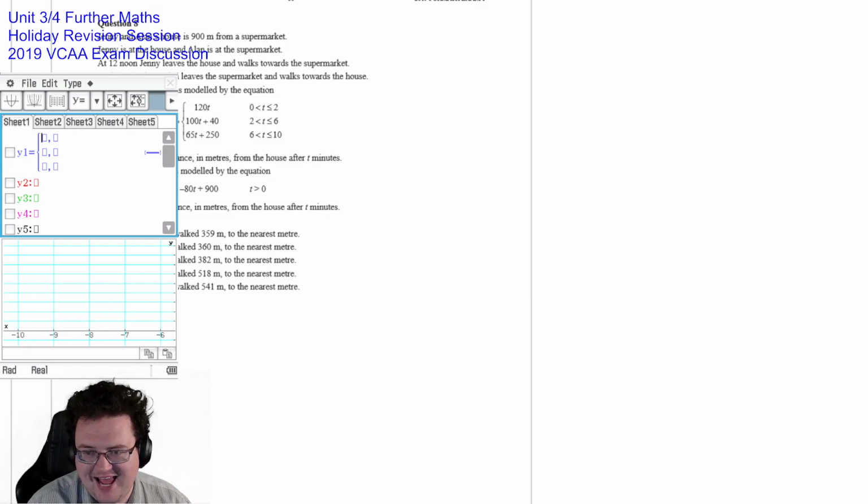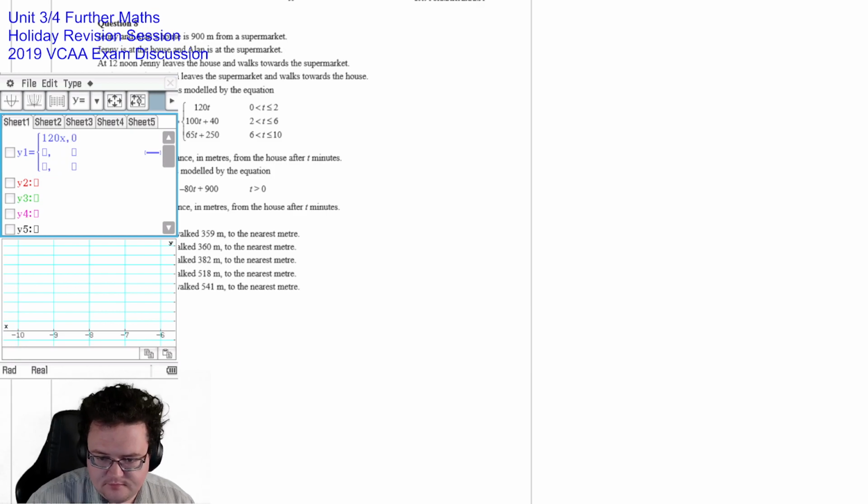T is going to be represented by X. Make sure that when you are putting these into your CAS calculator, you are using the correct inequality symbols.